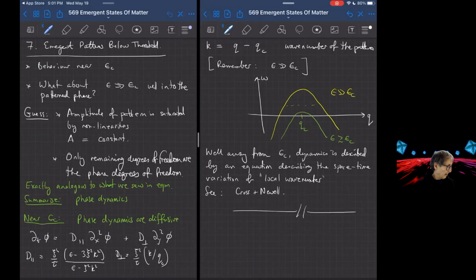Okay, so that is where I'm going to stop, and hopefully this introduction to patterns has been enough to whet your appetite and show you that even though you have non-equilibrium problems, one can do a lot in terms of understanding their behavior.